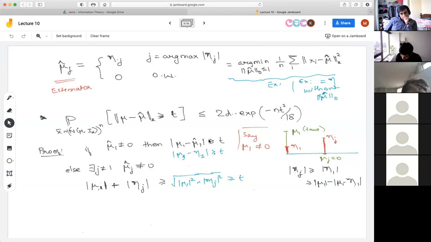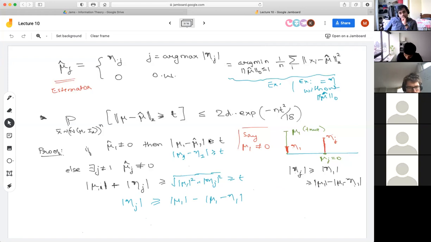By triangle inequality, this can be lower bounded by the absolute value of mu1 minus eta 1. And in addition to what we have here, the other thing that must have happened is the absolute value of eta j is greater than or equal to the absolute value of mu1 minus eta 1.